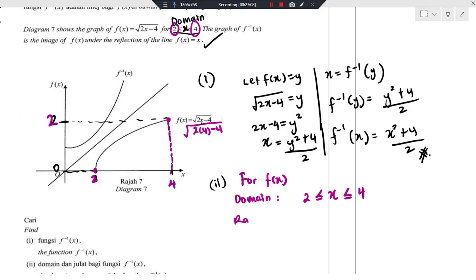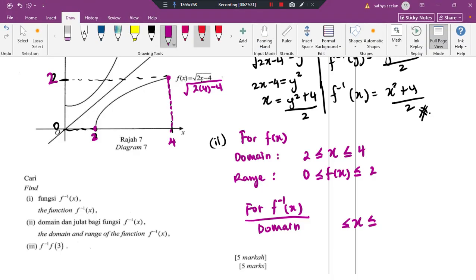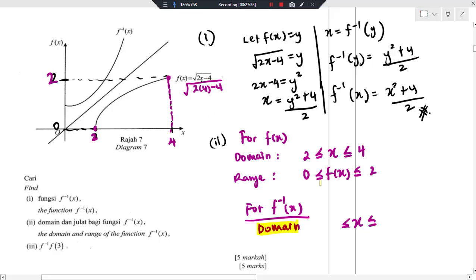Domainnya adalah, okay, you masih akan letak X sebab domain maksudnya X. Okay? Tetapi ambil, okay, nama dia domain tetapi ambil range punya value. Faham? So, your 0, 2 will be here. Okay? And the range, you must put F inverse X. And nama saja range tapi kita ambil domain punya value here 2 and 4.